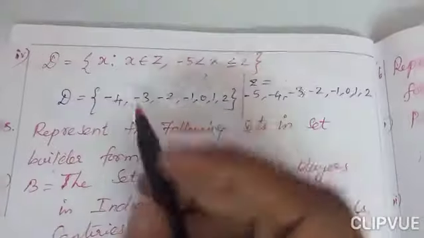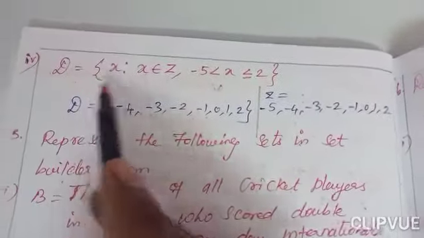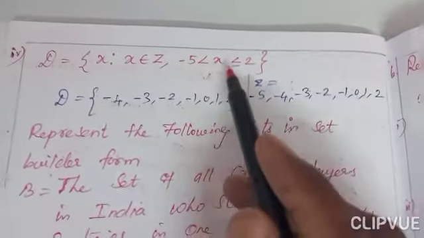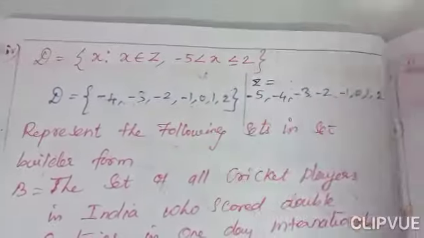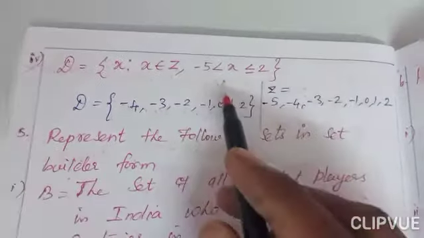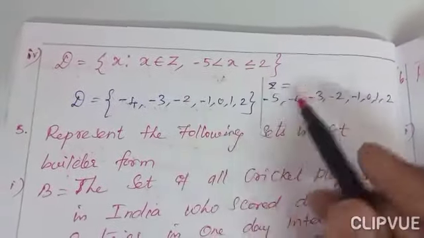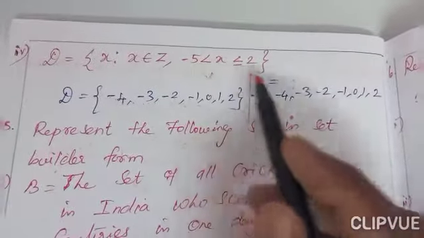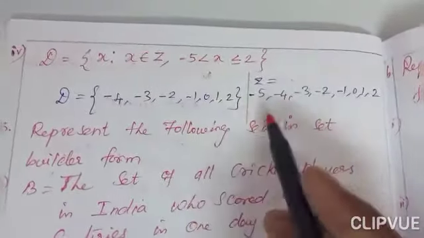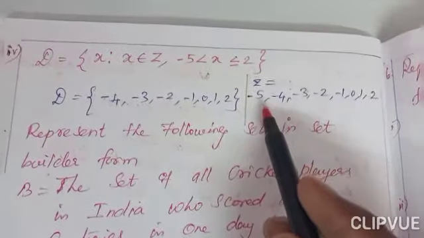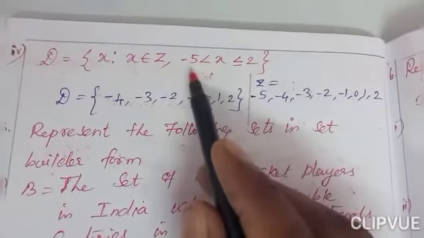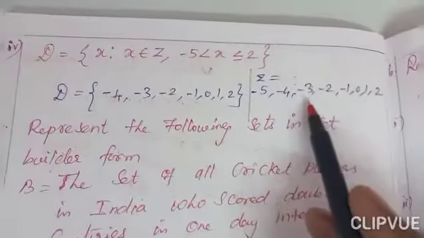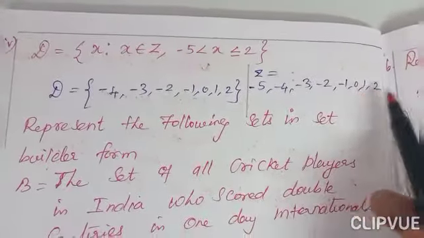Look at the last question. D equals x such that x belongs to Z, minus 5 less than x less than or equal to 2. Before we do the sum, what are the elements Z has? First we have to list the elements. Z equals minus 5, minus 4, minus 3, minus 2, minus 1, 0, 1, 2.